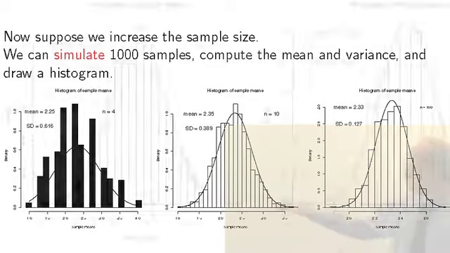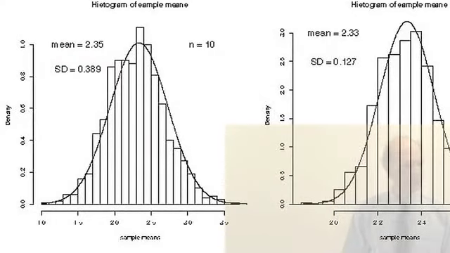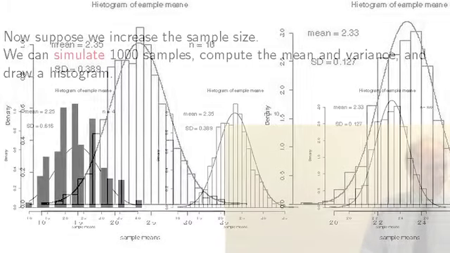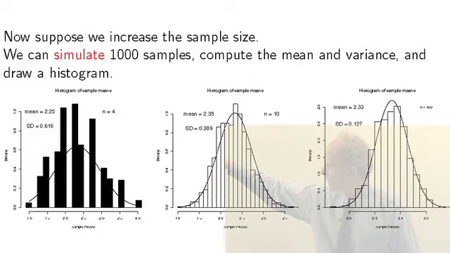The middle picture, we have sample sizes of 10. So we have 1,000 samples of size 10, and again we're drawing the histogram of the sample means, as it states there. And in each case of the 3 pictures, I've written down the sample mean and the sample standard deviation of the 1,000 sample means.